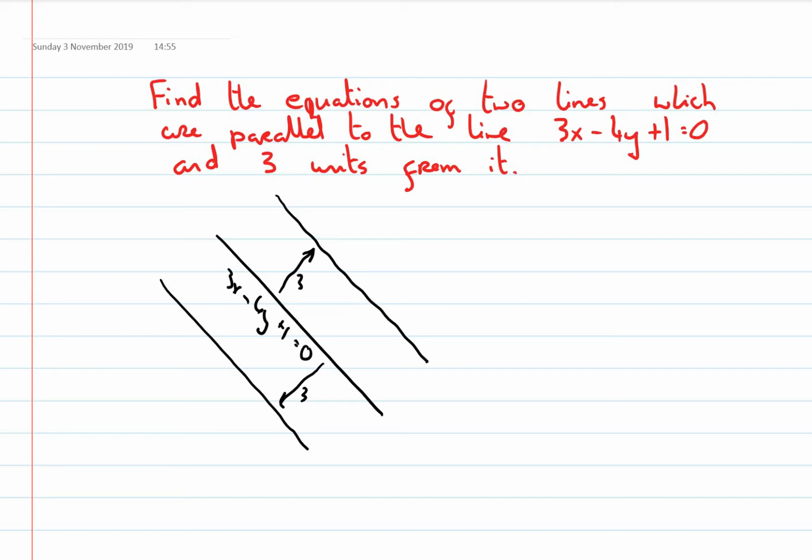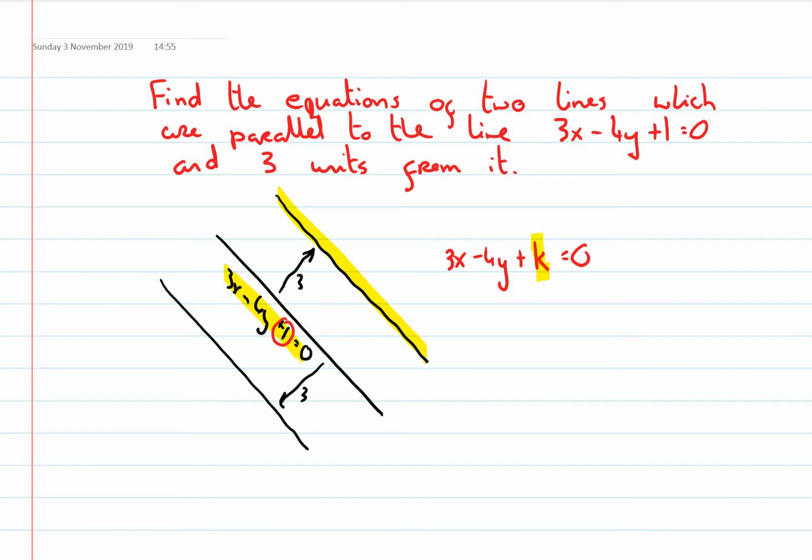Now, the form that this line will take will be 3x minus 4y plus some number. So really it's the same as that, if you notice, the 3x minus 4y, but the fact it's to the left of it or to the right of it, instead of 1 here, instead of that being a 1, it's going to be some other number. So parallel lines have the same x number and the same y number.